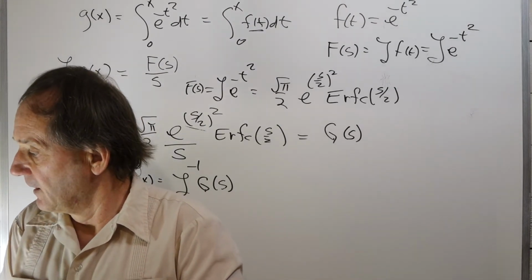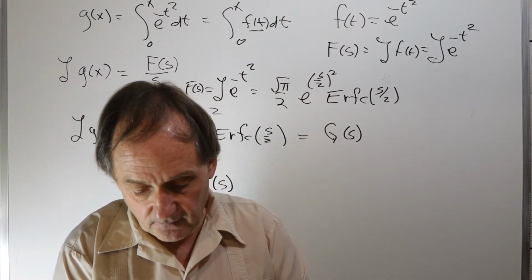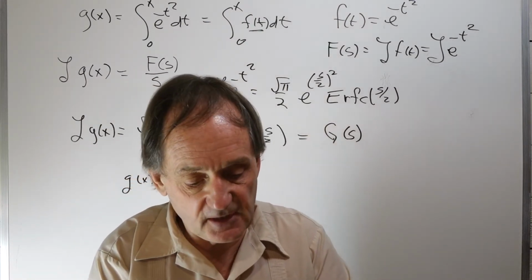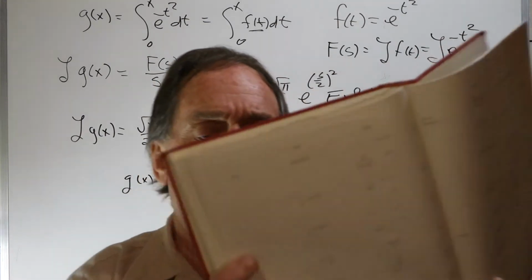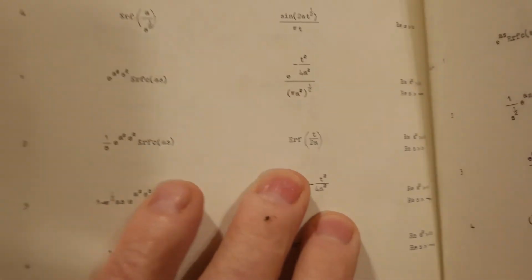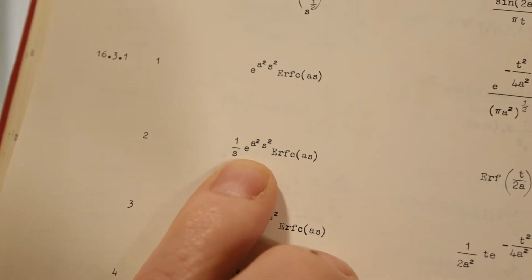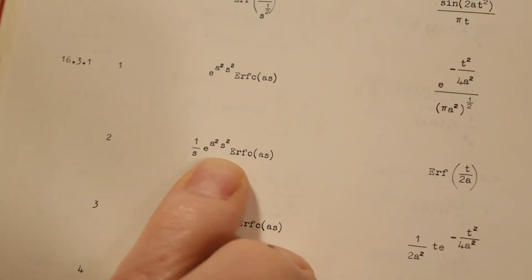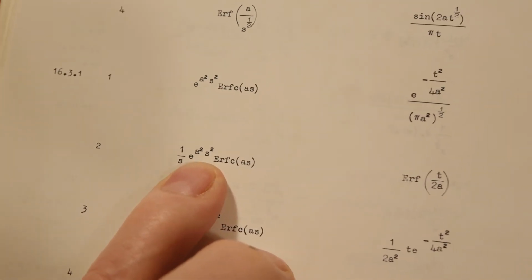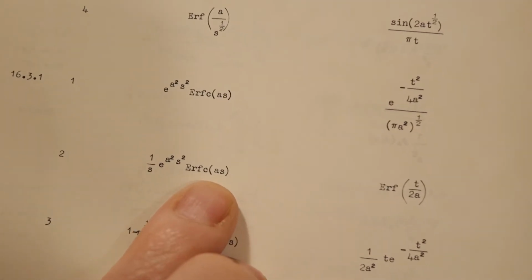on form 16312 is, if we see here, this particular one, this is of the form that we're looking for. We have 1 over s e to the a squared s squared and the complementary error function of a s.